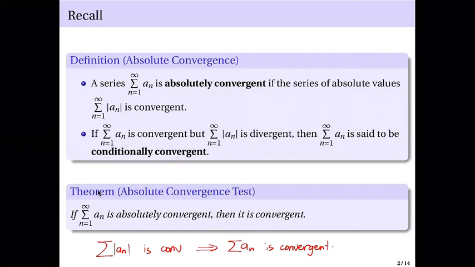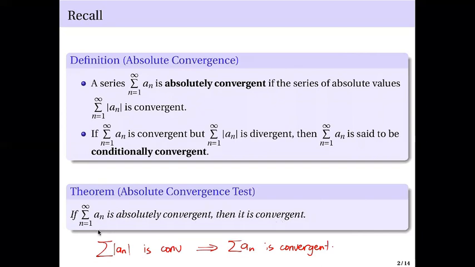So the first theorem that we will use is called the absolute convergence test. And this states that if the sum a_n is absolutely convergent, meaning the sum of the absolute values of a_n is convergent, then this series, sum a_n, is convergent.